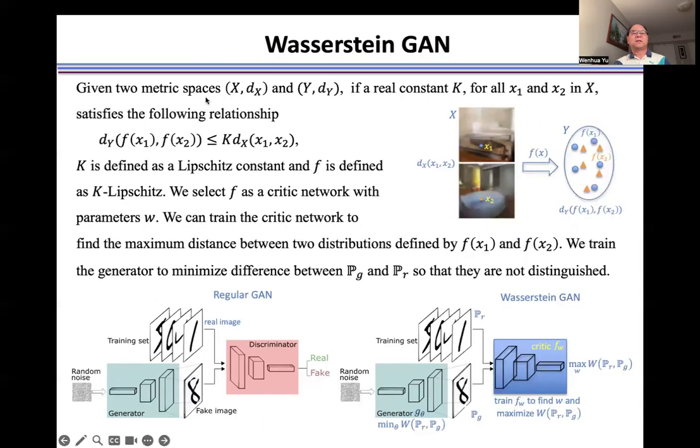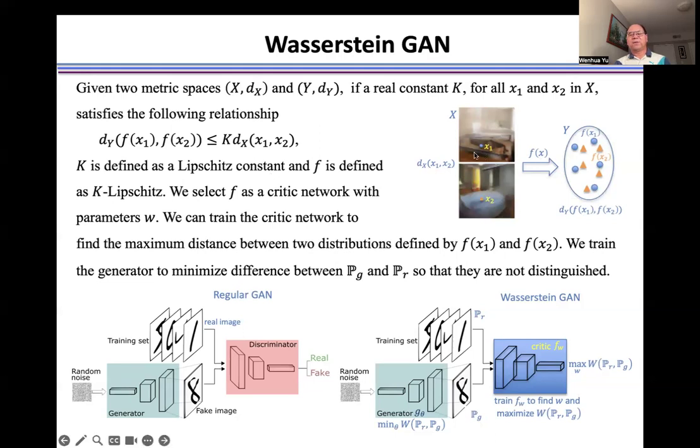Given two metric spaces X with distance dx and Y with distance dy, if a real constant k for all x1 and x2 in X satisfies the following relationship, k is defined as the Lipschitz constant, and f is defined as K-Lipschitz.